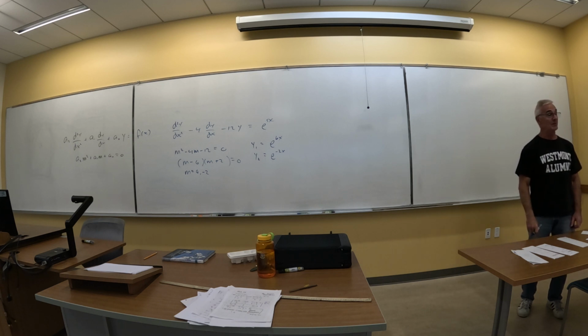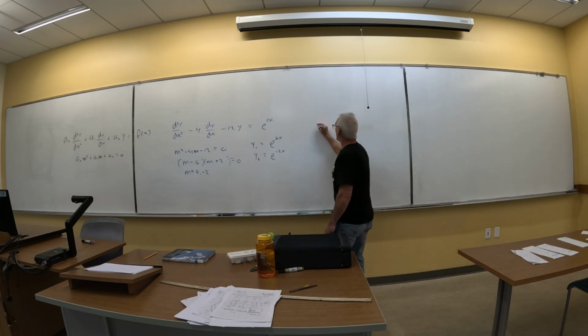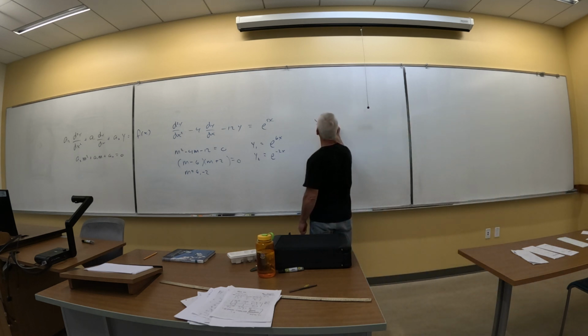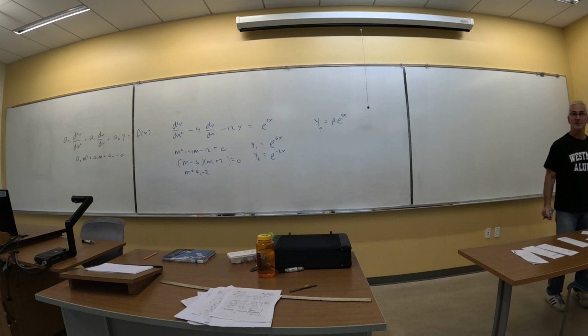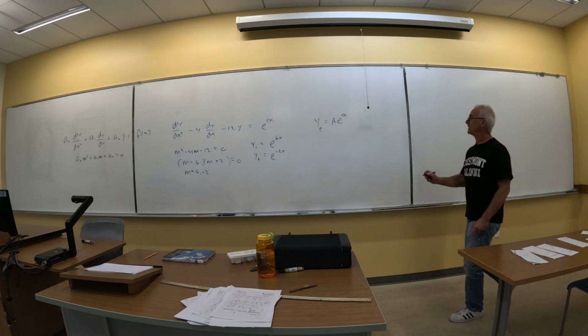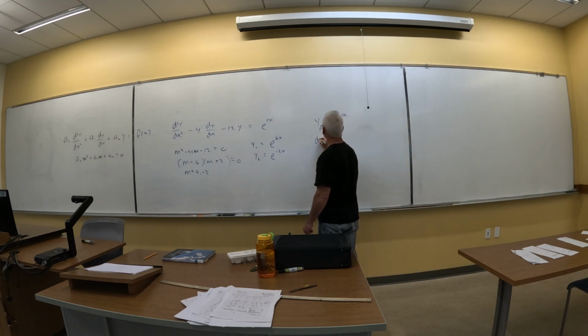Multiples of it at the very least. So we're going to call our particular solution a constant times e to the 5x, because I believe the nature of the solutions is going to look like that. I have no idea what that coefficient would be, but I think that's what the solutions are going to look like.